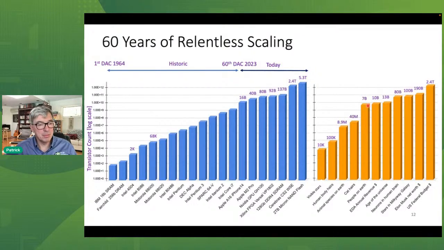We have 7 billion people on Earth, which is fewer people than there are transistors in the phone that you currently have in your pocket. The age of the universe is 13 billion years, and we have about 80 billion neurons in our brain. At the same time, we can make chips that also have 80 billion transistors. So we get fairly close.